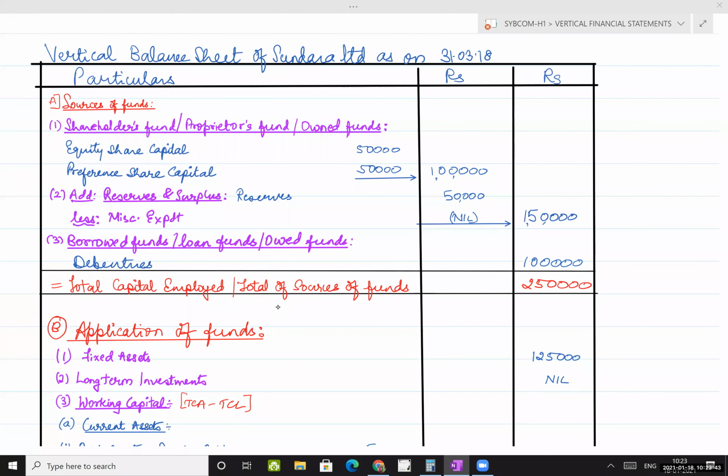In that, first is owned funds, also known as shareholders' funds, also known as proprietors' funds. Okay, the first thing you have equity share capital 50,000 and preference share capital 50,000. Take the total in the first column, it makes it to 1 lakh. Equity and preference.